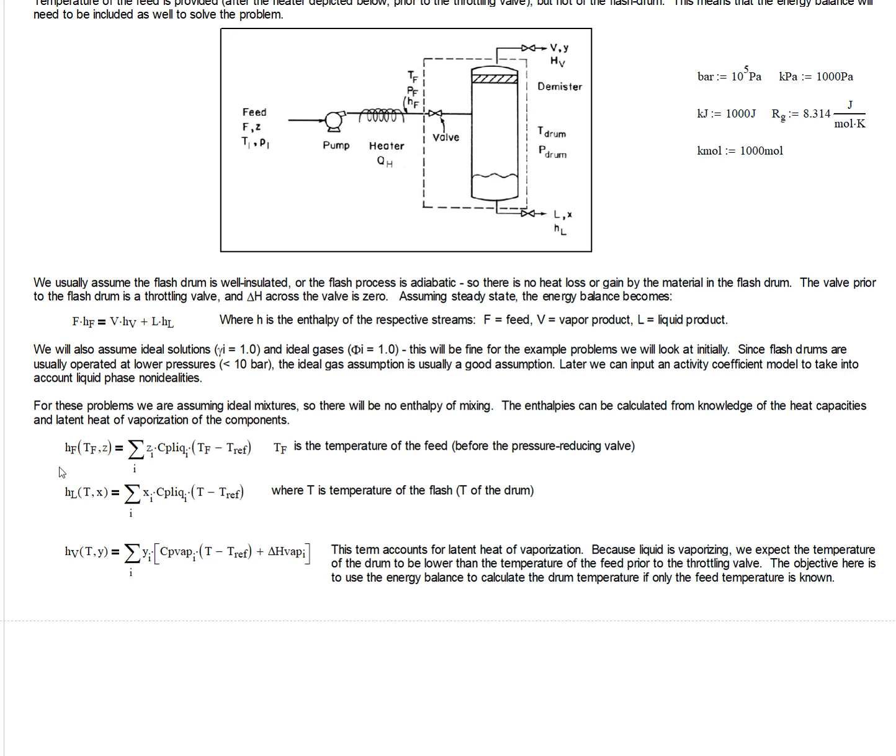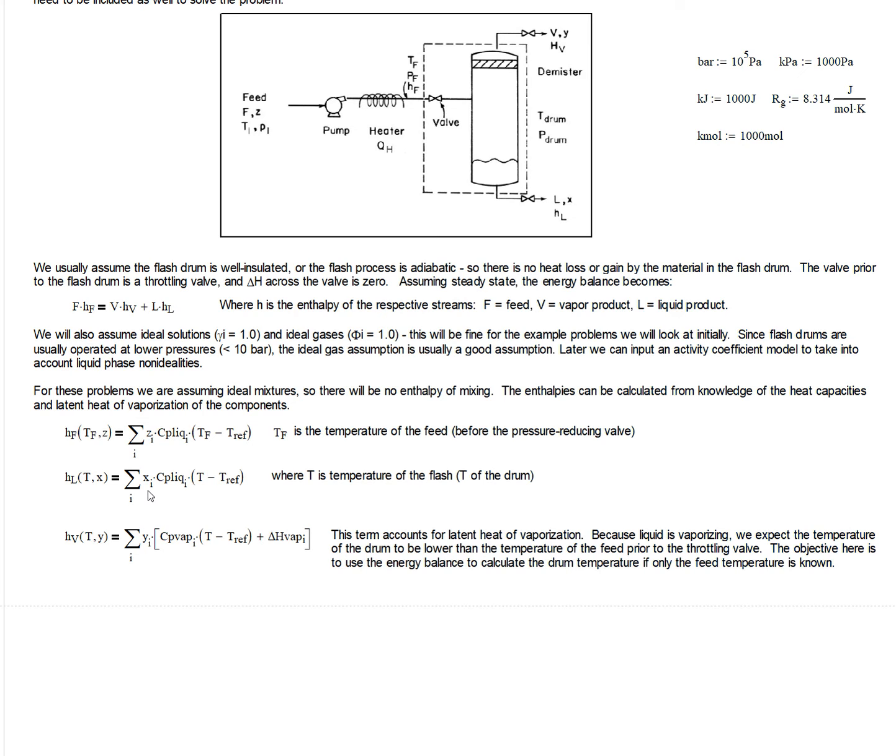And so for the enthalpy of the inlet stream of the feed, that will be a function of the mole fraction times the heat capacity of the liquid. And in here we are going to assume that the reference temperature for each of these streams is the same, and so those will cancel out. Now the heat capacity of the liquid can usually be assumed to be a constant. So that's a fairly easy calculation as long as we can look that up.